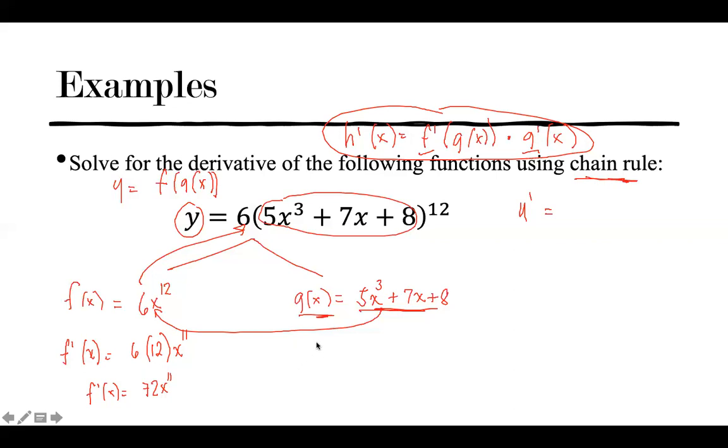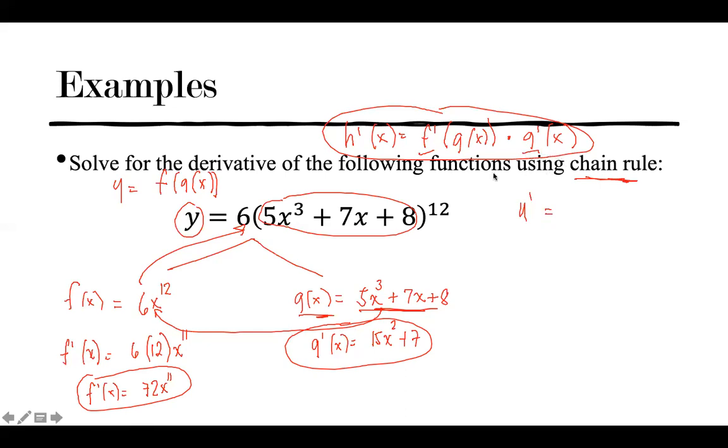For g of x, its derivative g prime of x will be 5 times 3, 15x squared, plus 7, and 8 will be 0, so there is no point in writing that. These are the derivatives of our functions f of x and g of x. To proceed, the derivative of y using chain rule differentiation is f prime of g of x times g prime of x.